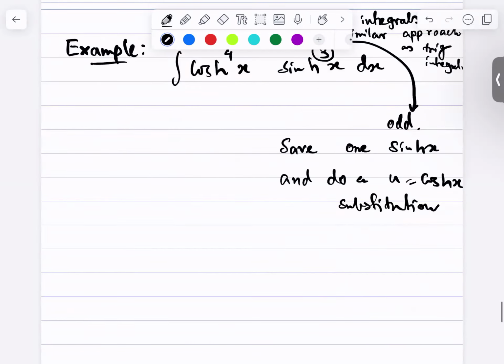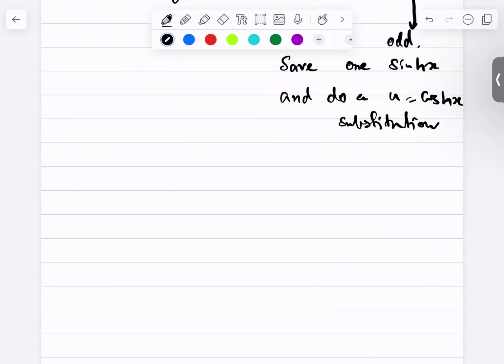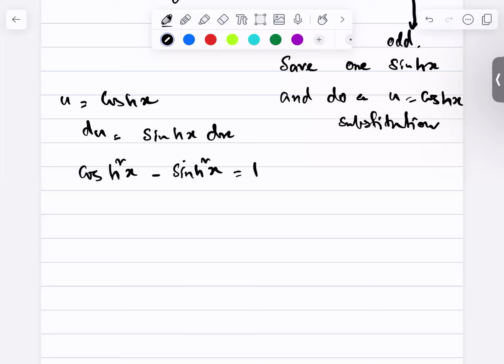Okay. So now take u to be cosine hyperbolic x, then du is basically sine hyperbolic x dx. And also we know the identity cosine hyperbolic square x minus sine hyperbolic square x is 1.